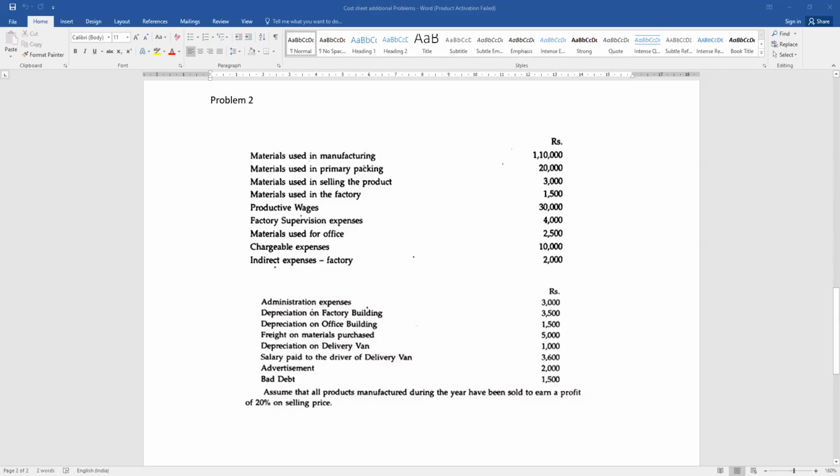This is a very beautiful problem. Are you able to see the problem before you? Yes, ma'am. Okay, great. Now, material used in manufacturing is nothing but the raw material.